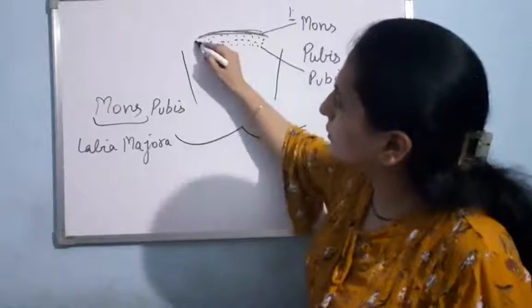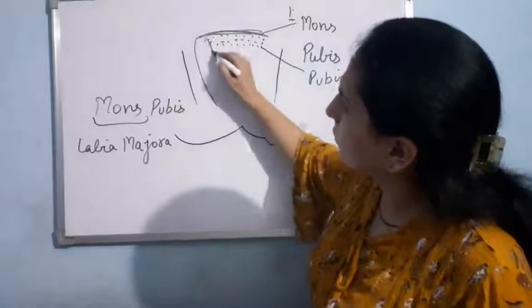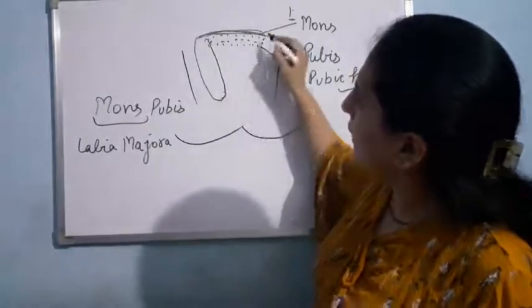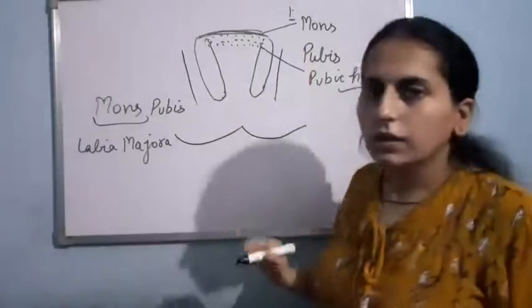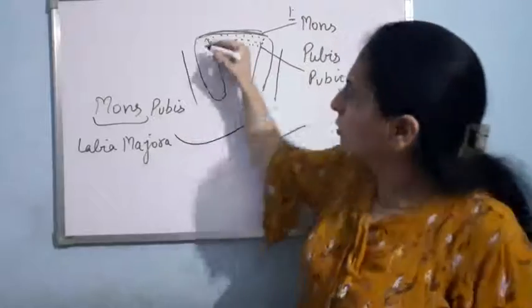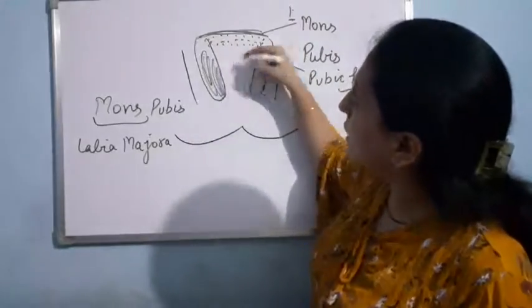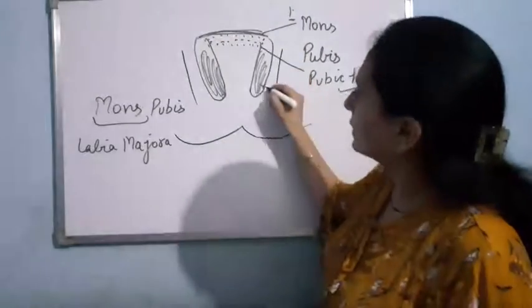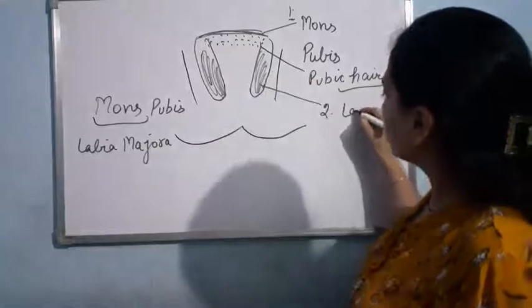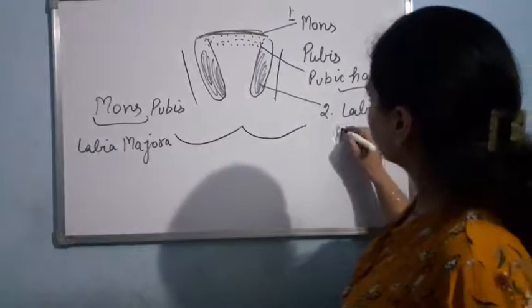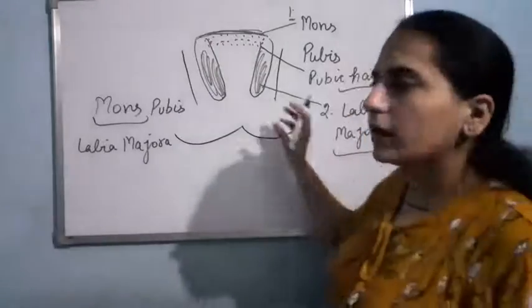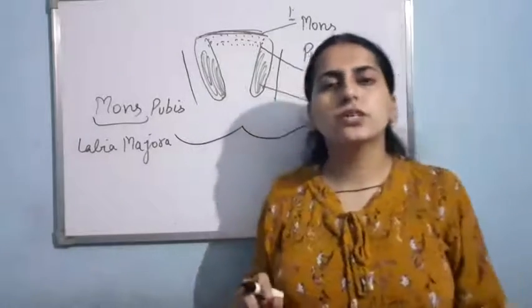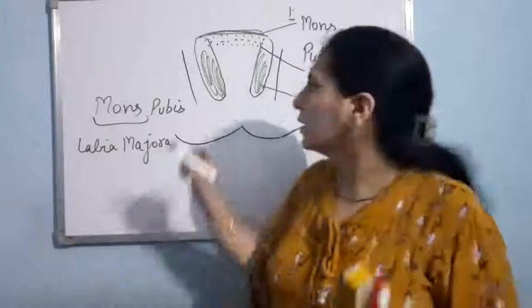One here, and second here. These are again 2 fatty cushion-like structures, and these are known as labia majora. Clear? These 2 are fatty cushion-like structures, and they are having pubic hair.